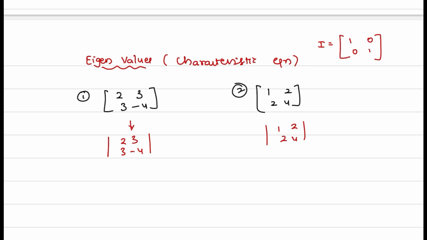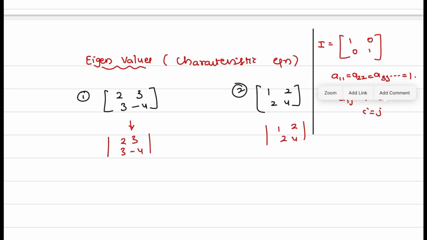Like that each row has only one element that is unity: A11 is equal to A22 is equal to A33 and so on, equal to 1. That is the definition of a unit matrix. That means Aij is equal to 1 when i is equal to j. That means when the column and row numbers are the same, the element should be equal to 1. Then that is called a unit matrix.